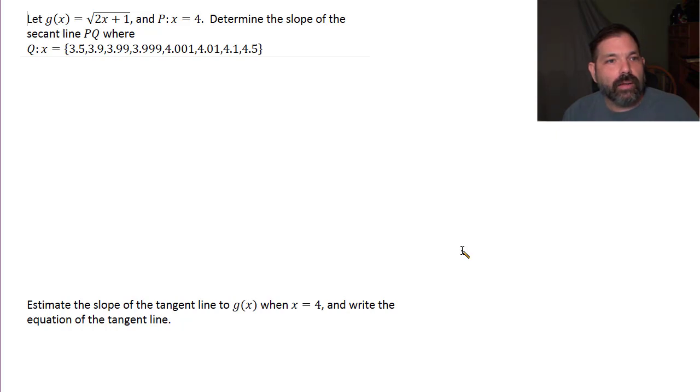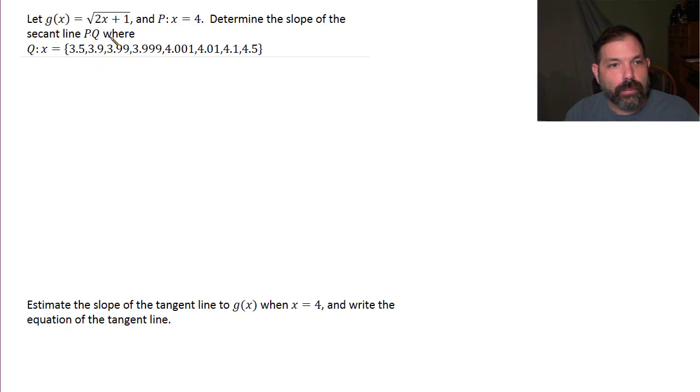So here we've got, let g of x be the square root of 2x plus 1 and P be the point where x equals 4. And we're asked to determine the slope of the secant line PQ, where Q is given by these various values. So if Q is where x equals 3.5, then Q is where x equals 3.9, etc. All right, so let's see.